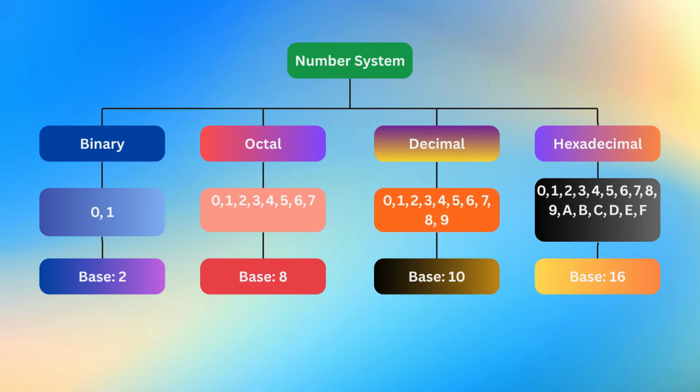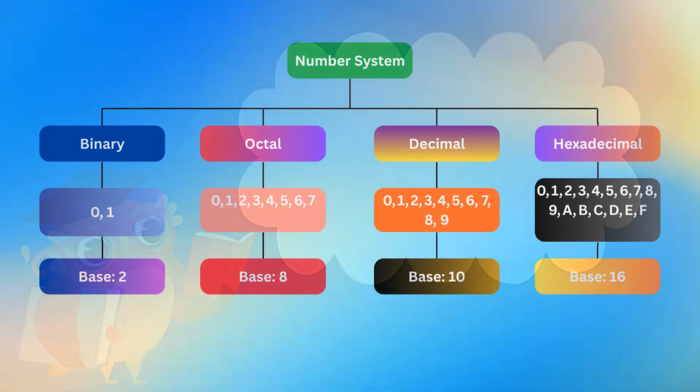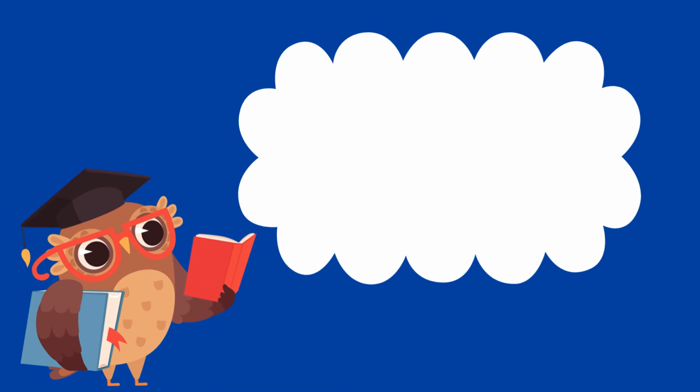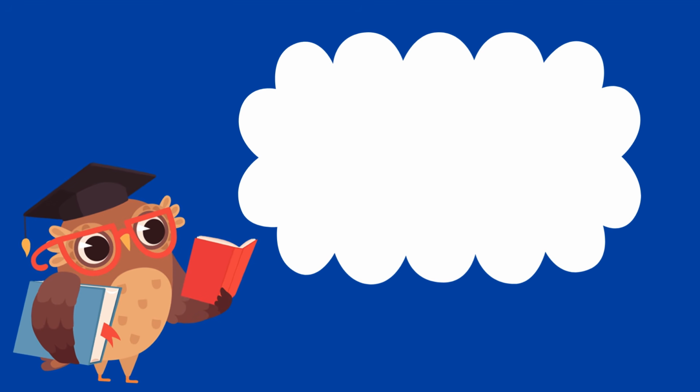Each system has its own purpose: decimal for everyday life, binary for computers, octal and hexadecimal for simplifying digital work. Now, let's take a moment to recall what we've learned about number systems.